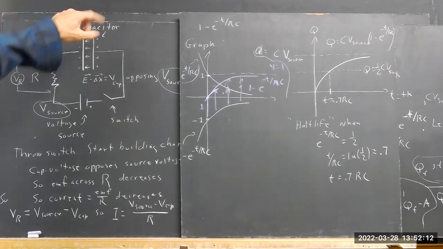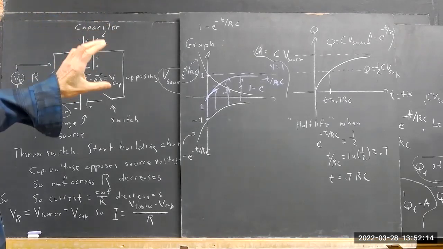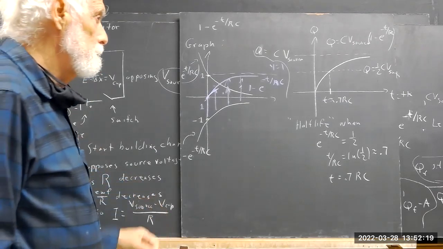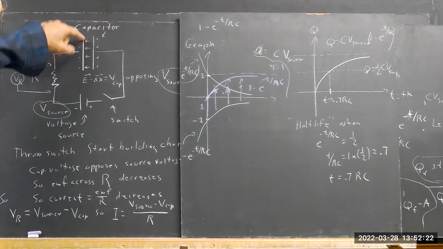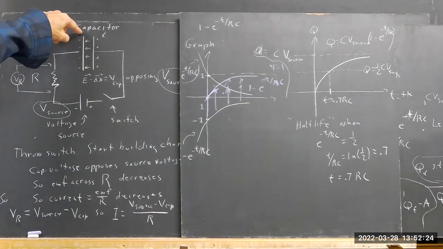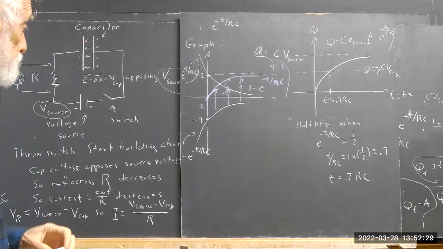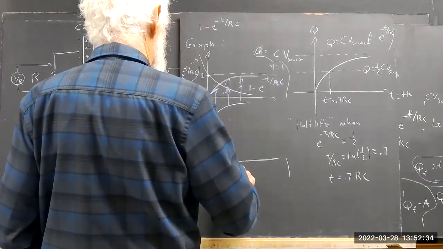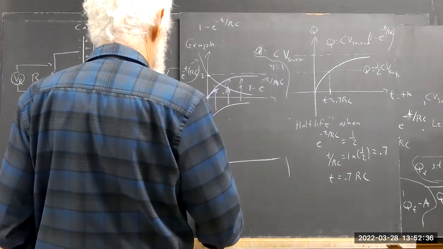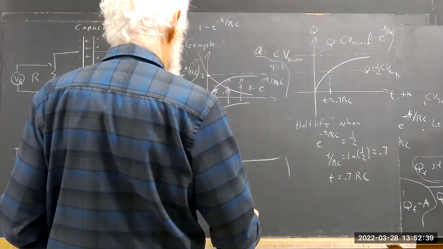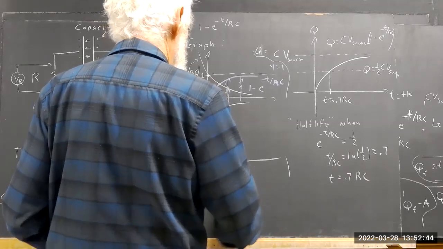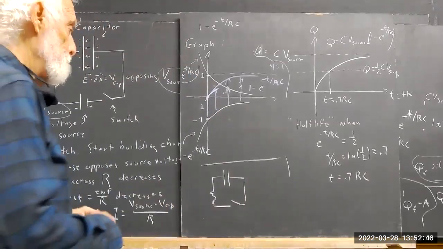The voltage would be Q over C. And your differential equation would be, real quickly: no source, close the switch.